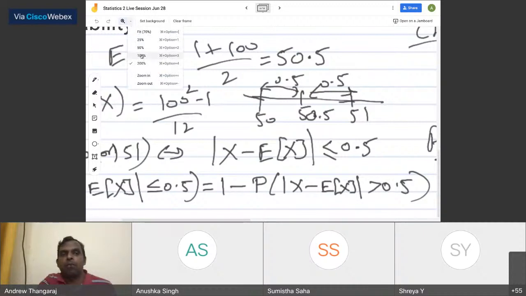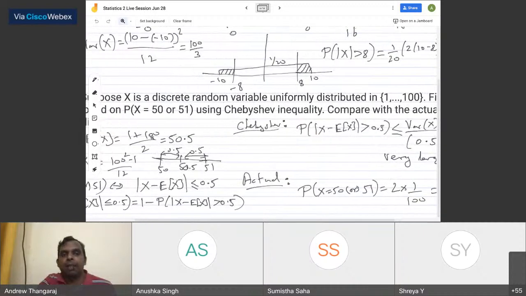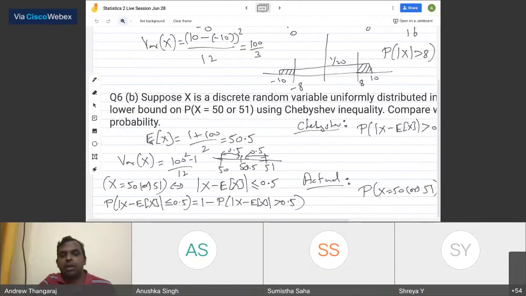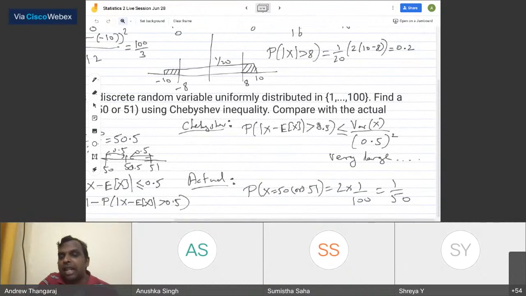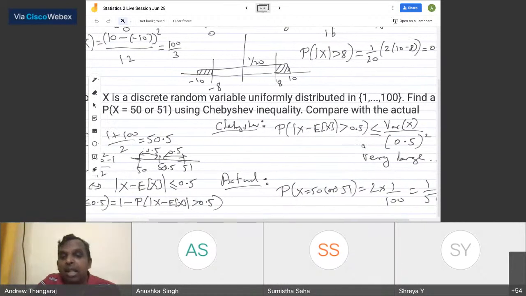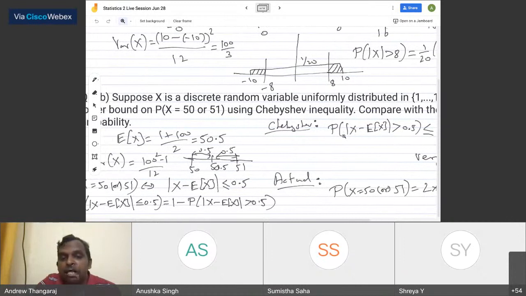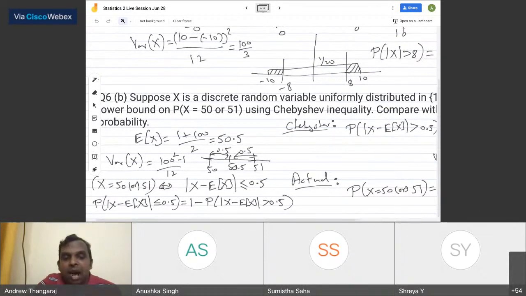Maybe I'll zoom a little bit less. This is a little better to read now. So I need an upper bound on this one: the probability that mod X minus E of X is greater than 0.5. This is less than or equal to variance of X by 0.5 squared. It turns out this upper bound is very, very large. It is a ridiculous sort of upper bound. But if you get an upper bound on this, you will get a lower bound here.